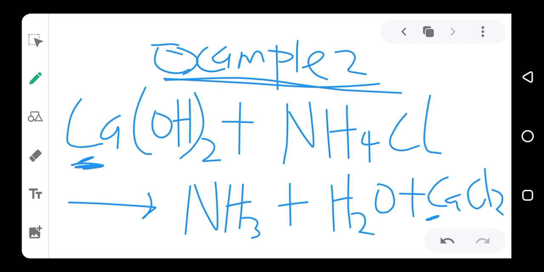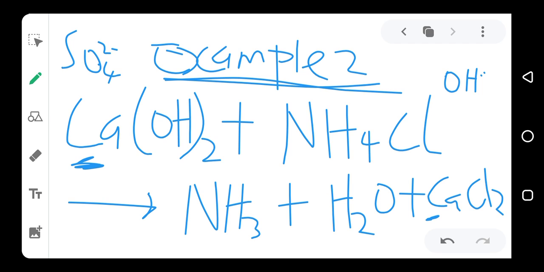This one that is put in brackets, it means that two of them must always go together. It is called a radical. When atoms always go together, like SO4 2 minus, or this one, hydroxyl, which is OH minus.